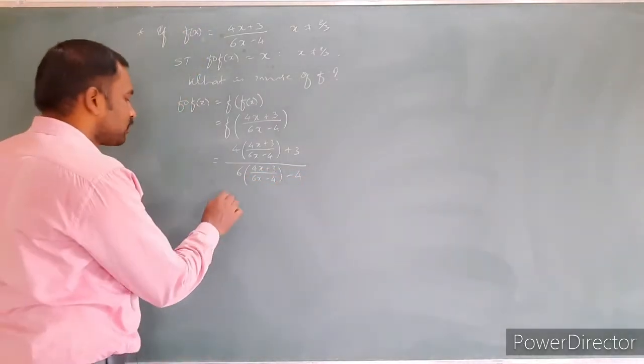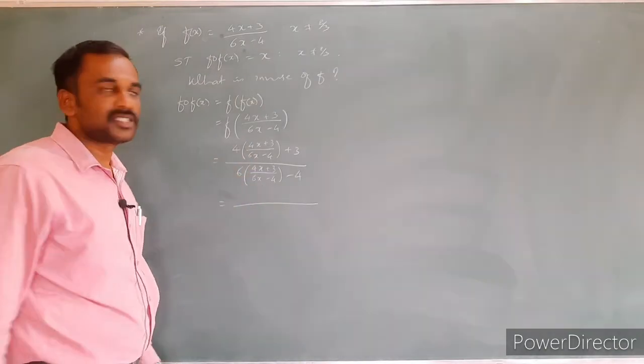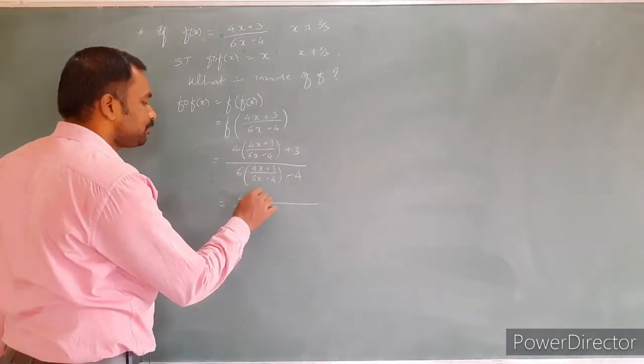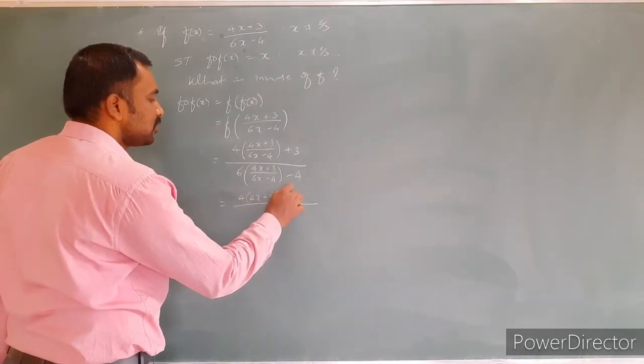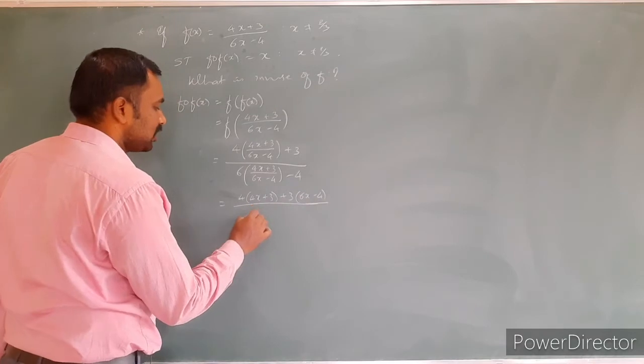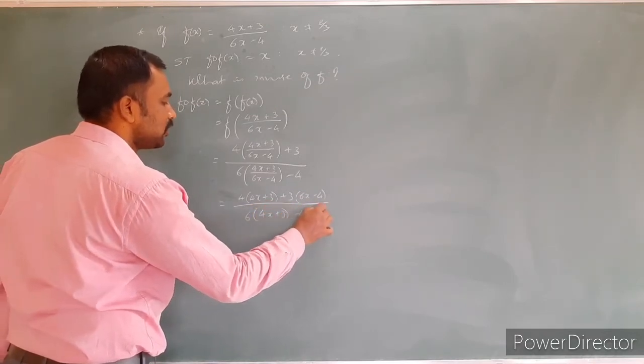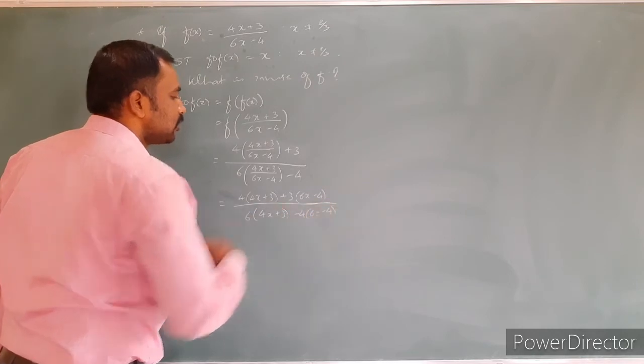Simplify. What LCM will we get? Check it. 6x minus 4 is the LCM. Numerator: 4 into 4x plus 3 plus 3 into 6x minus 4. Similarly, denominator: 6 into 4x plus 3 minus 4 into 6x minus 4.